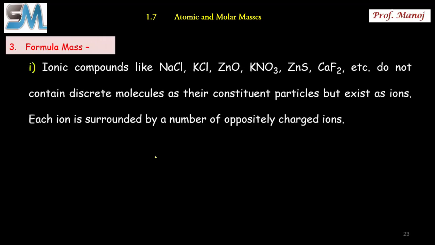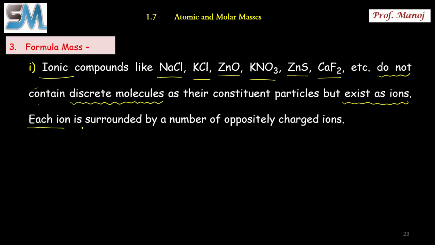Now, if you have inorganic compounds, ionic compounds, such as sodium chloride, potassium chloride, zinc oxide, potassium nitrate, zinc sulfide, calcium fluoride, and so on, they do not exist as separate molecules. They exist as a group of ions. The condition is such that each ion is surrounded by a certain number of oppositely charged ions.